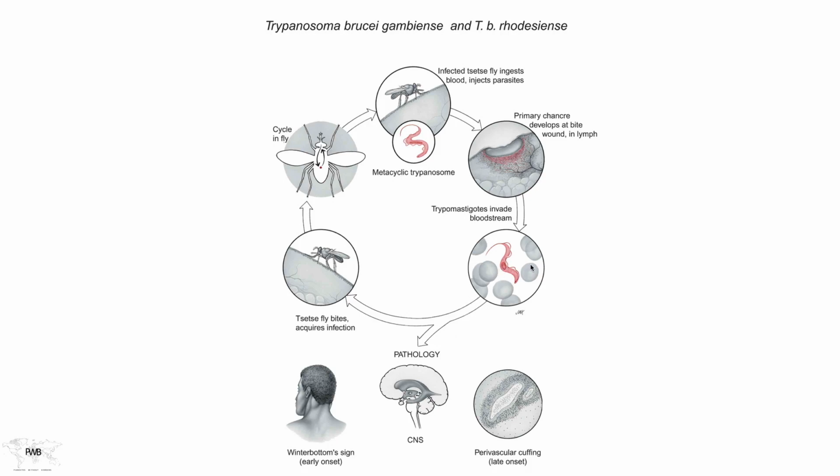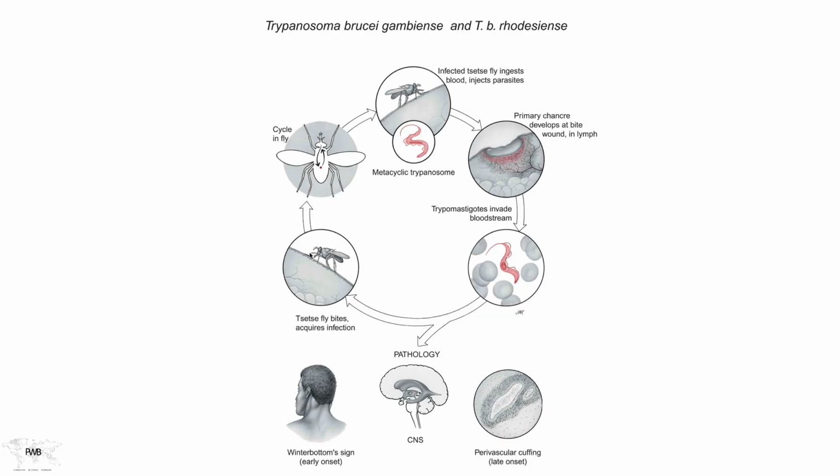Eventually, in a matter of weeks, with regards to the Rhodesian species, it's now the Zimbabwe species, we should bring that up to date perhaps, and in months, in terms of the gambiense species of trypanosome, the organism then finds its way into the central nervous system in the cerebrospinal fluid.